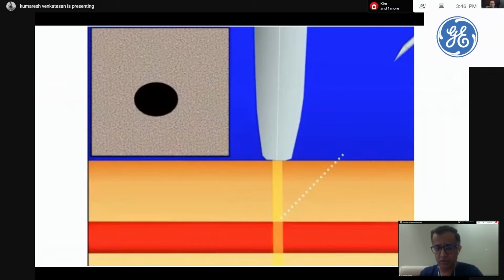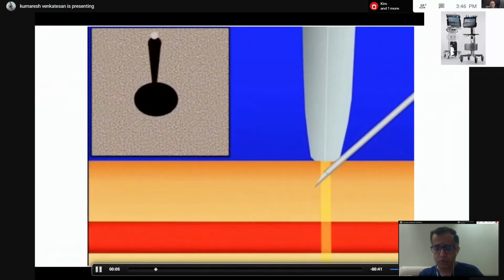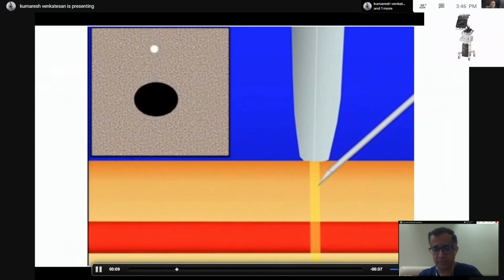What we see is the short axis view of the vessel, and now we are approaching it with the needle. Once you make the skin puncture, you use the probe to look for the needle, the tip of the needle and the shaft of the needle.